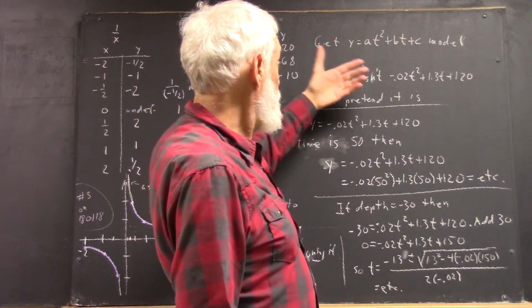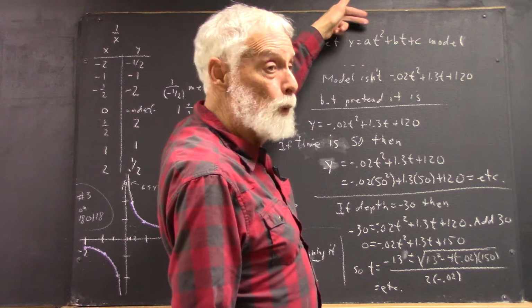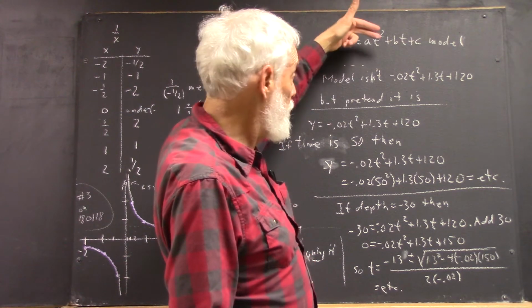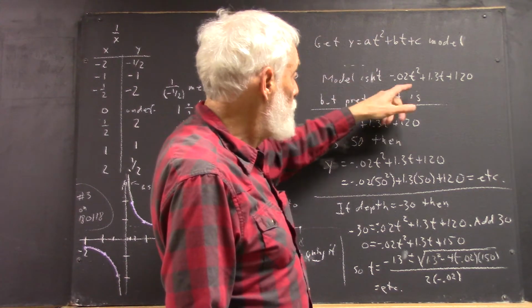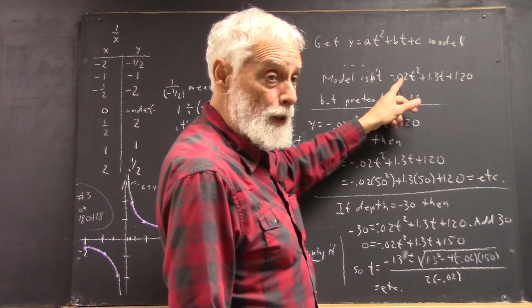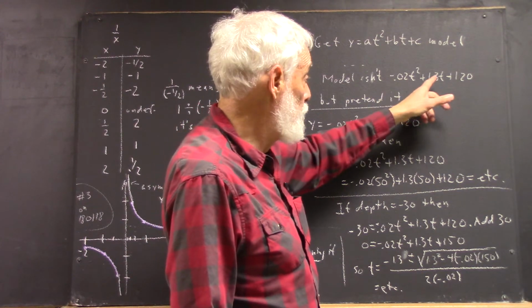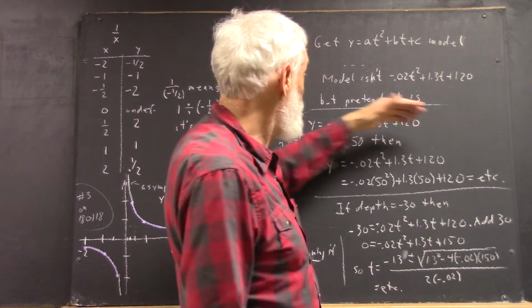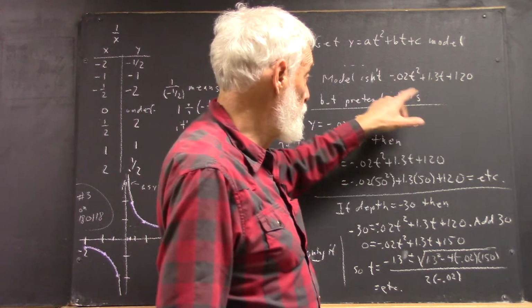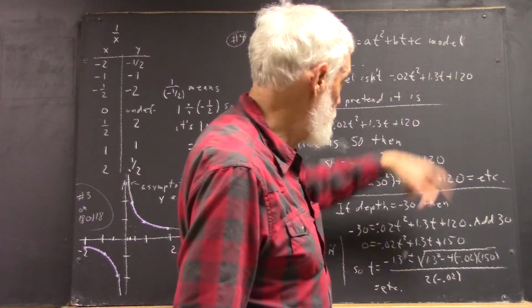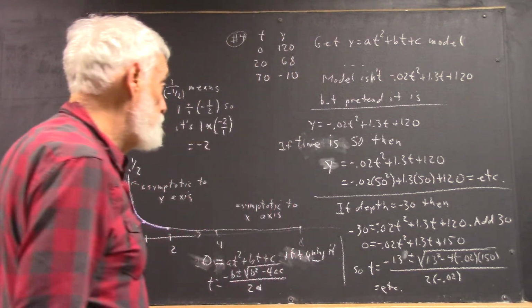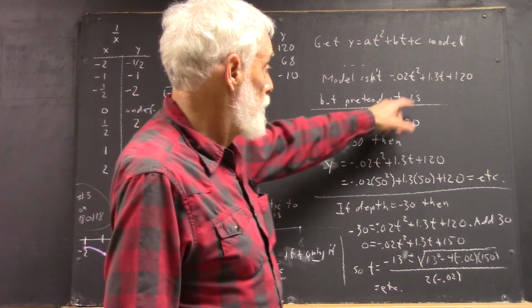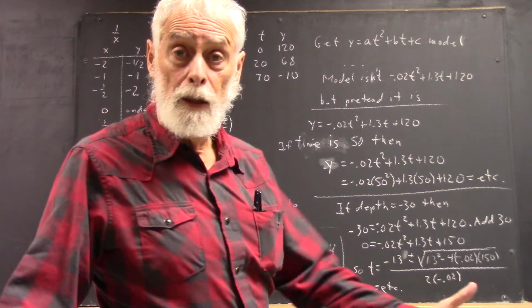If we solve the 3 equations that we get by plugging these points in for A, B, and C, we'll get 3 numbers. Like A would be maybe negative 0.02, B would be 1.3, C would be 120. Now actually for these 3 points, C would be 120, but A and B wouldn't be the numbers that we have down here. But let's pretend that this is the right model and see how we would answer some of the questions.